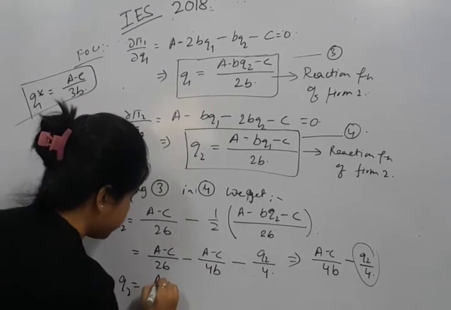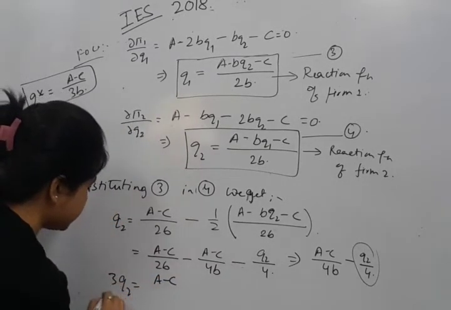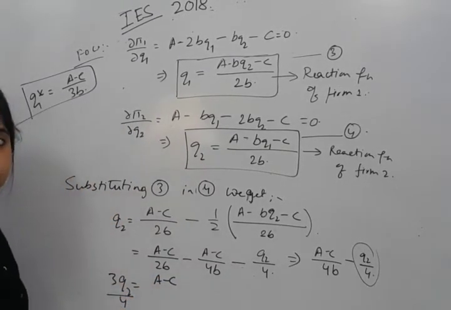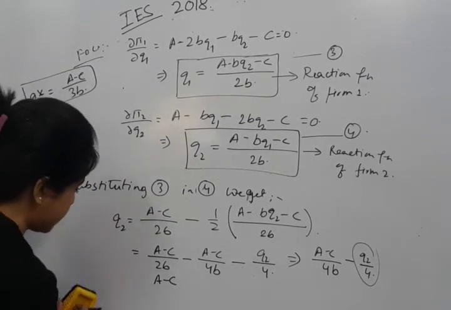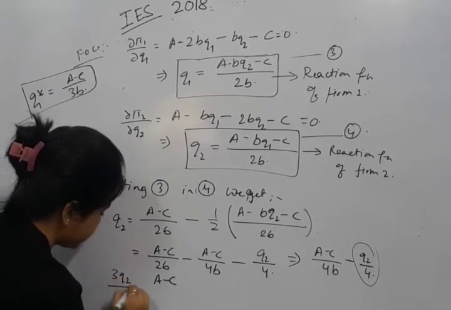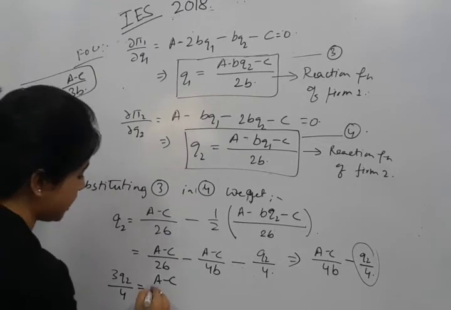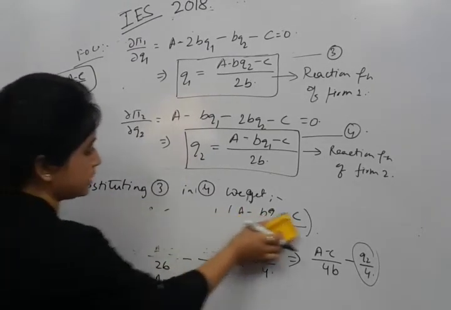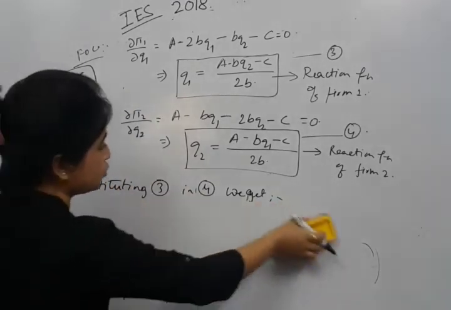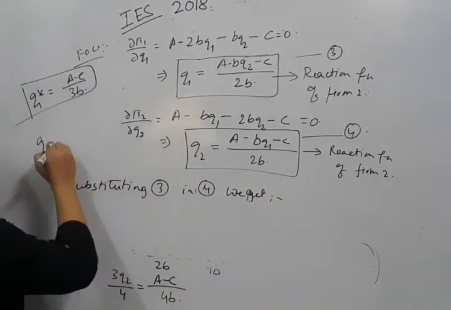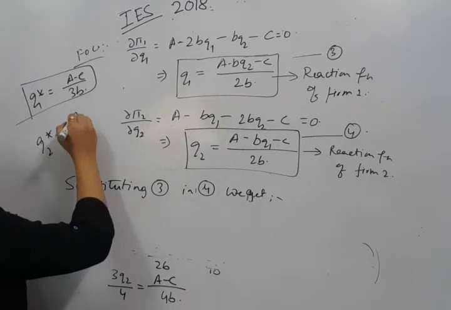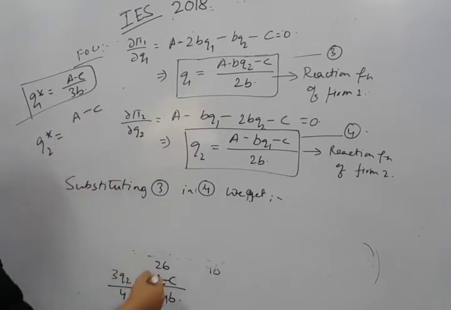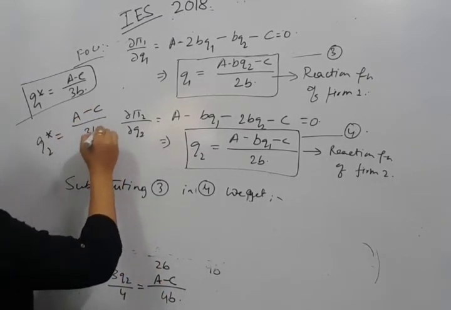So here 3Q2 by 4 is equal to (A minus C) divided by 4B. So finally we are getting Q2, or again we can write it over here: Q2 is (A minus C) divided by 3B.